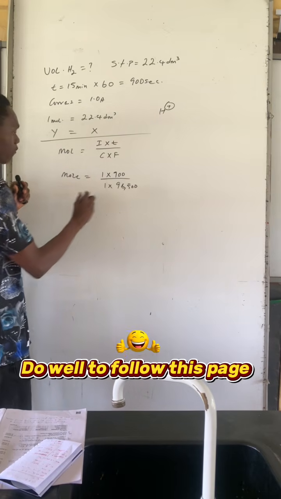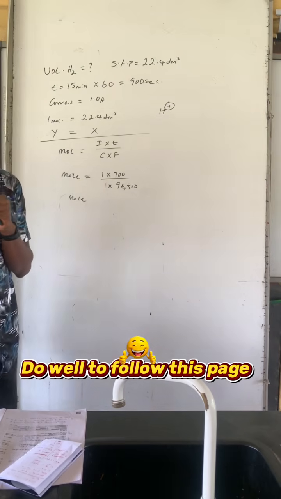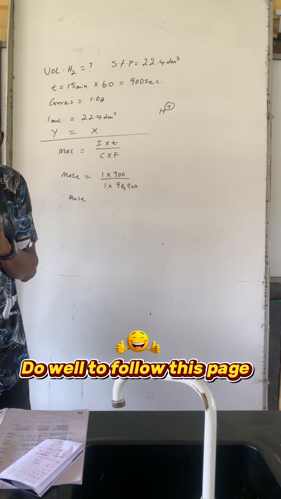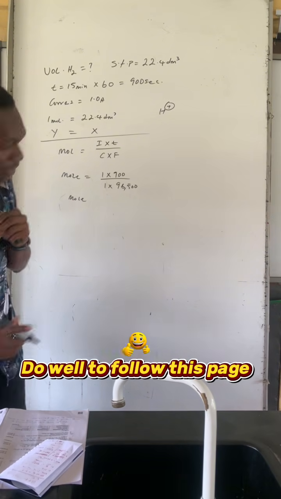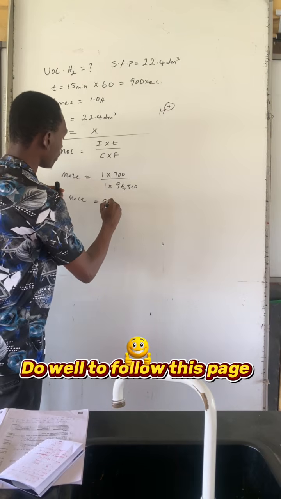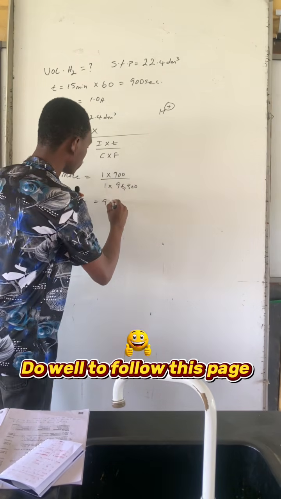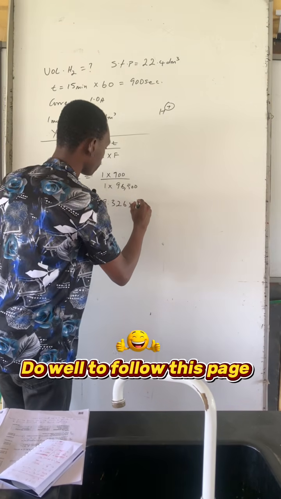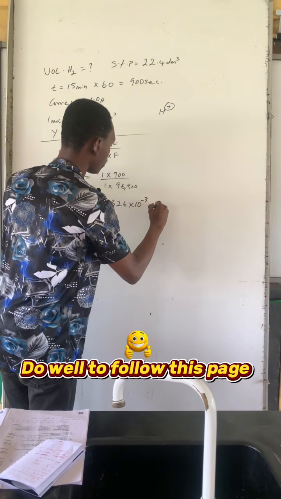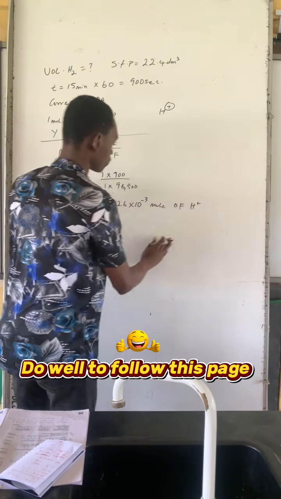So in order to solve for the mole, we divide that: 900 divided by 96500. That simply gives us 9.326 times 10 to the power minus 3 mole of that hydrogen ion.